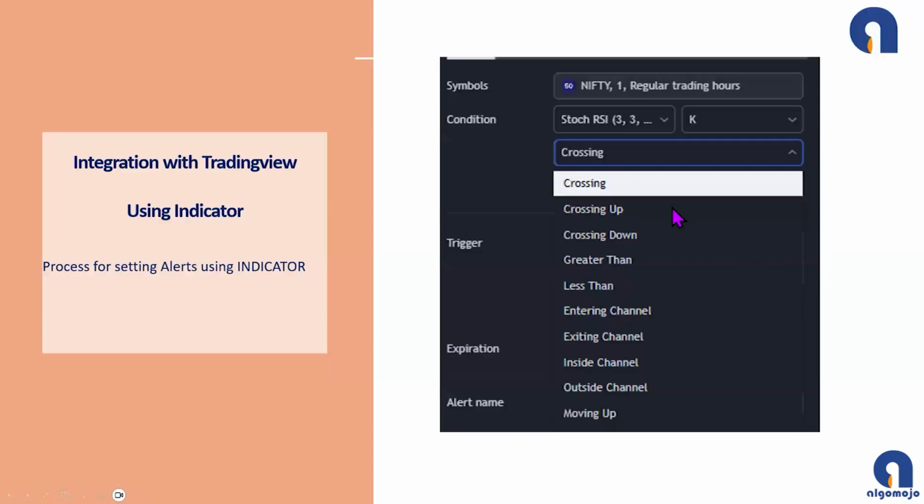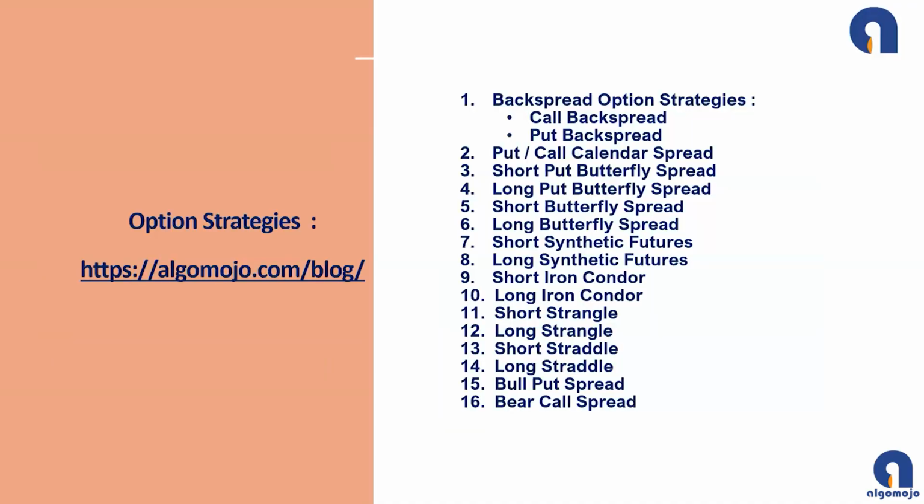So it would be something like this. It is crossing up or crossing down or divergence, whatever is the condition that needs to be met, select those accordingly. Create two alerts. If you are a trader using option strategies, please refer to this blog. It gives you a step by step guide on how to create each of those legs and get them executed.